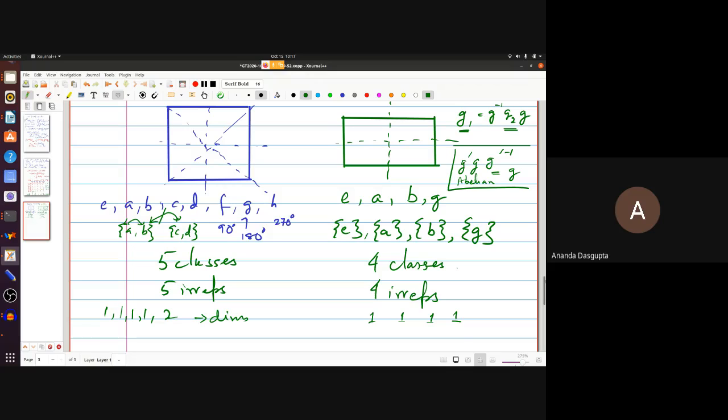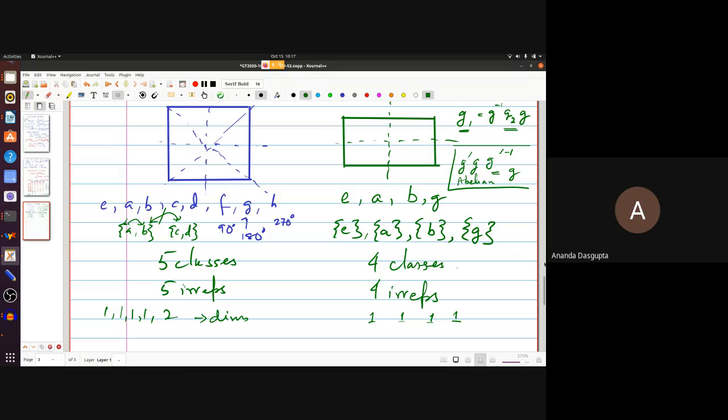You could have 2, 0, 0, 0. But 0 is not allowed, remember? These are dimensions. The squares you are adding are squares of dimensions, and dimensions cannot be 0. You need positive integers whose squares are being added. So 2, 0, 0, 0 is not even a possibility. 1, 1, 1, 1 is the only possibility.